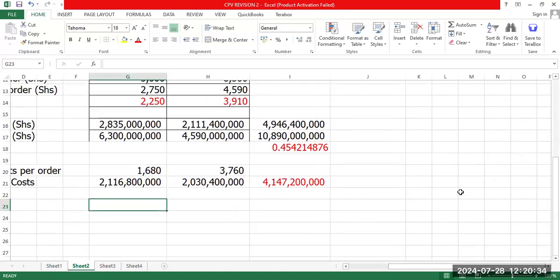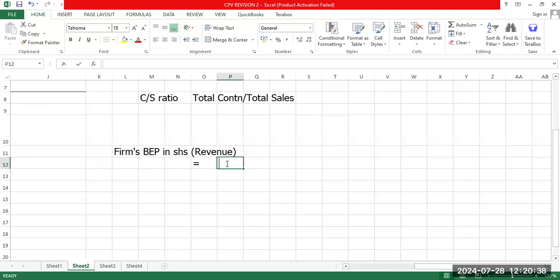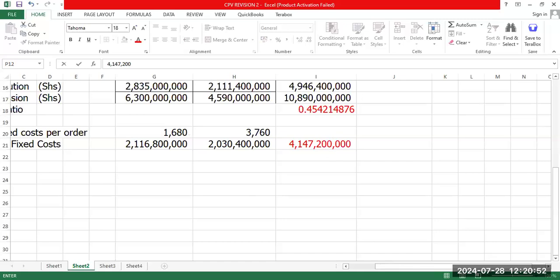So we go back to our formula and substitute. Total fixed costs, we are saying it is 4,147,000. Is it 200? Yes.